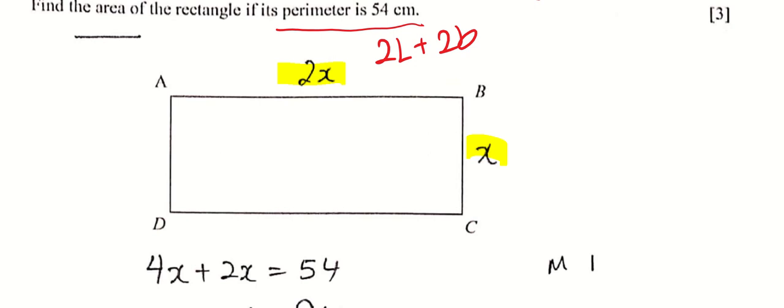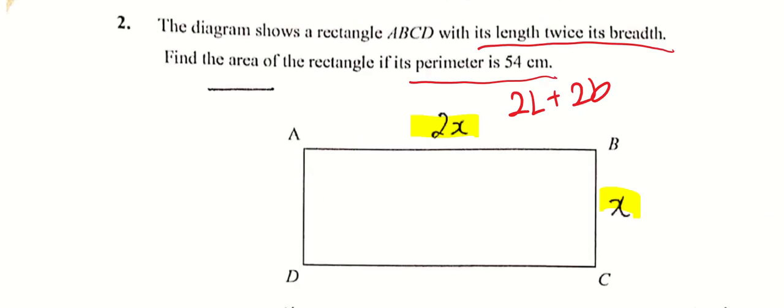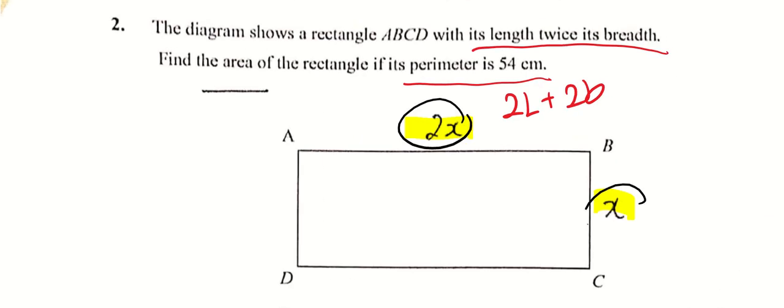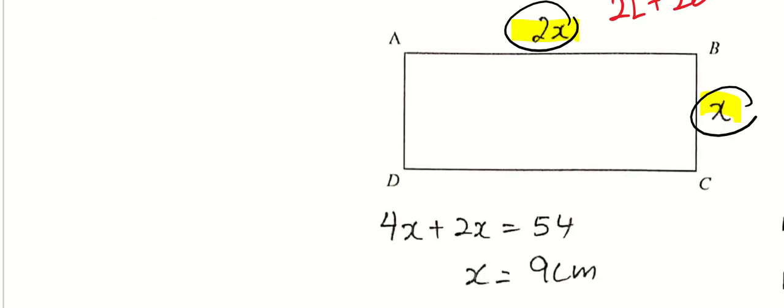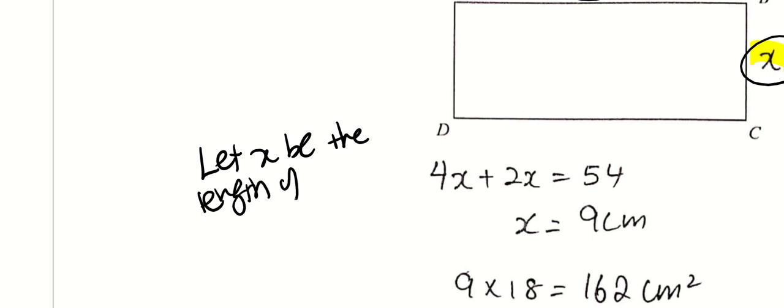Pardon me. So that means actually you should have done something, right? Here, this x, which most of you did, you added into the diagram yourself. What you should have also done is let x be the length of the breadth.